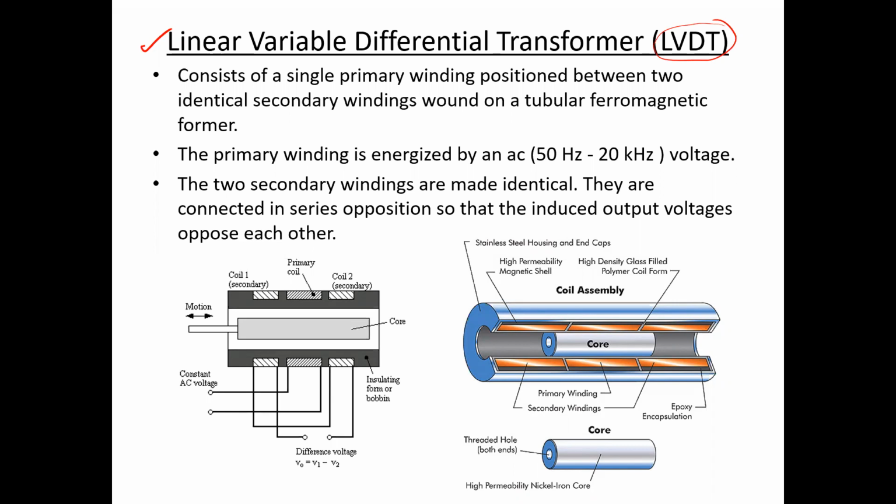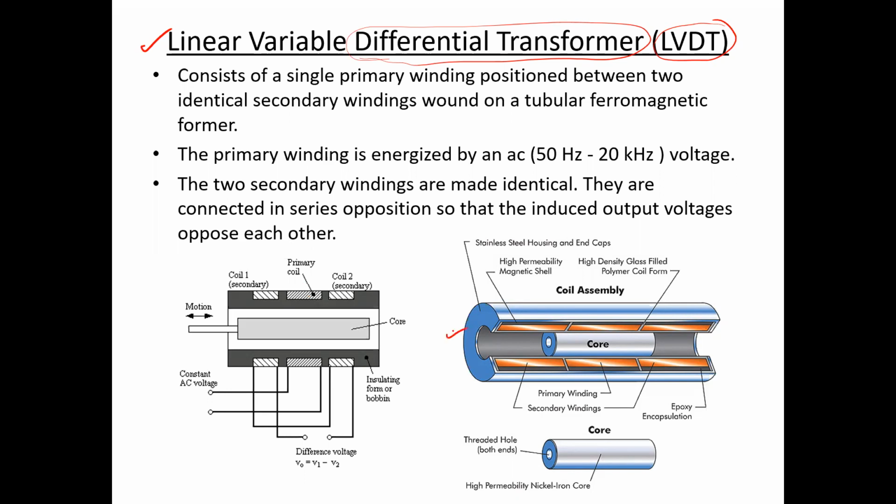As it operates through a differential transformer mechanism, obviously there is supposed to be some primary windings and some secondary windings, which is normally the case in this structure of LVDT.